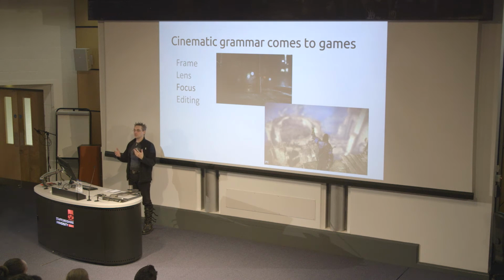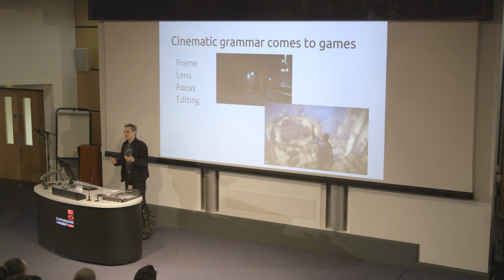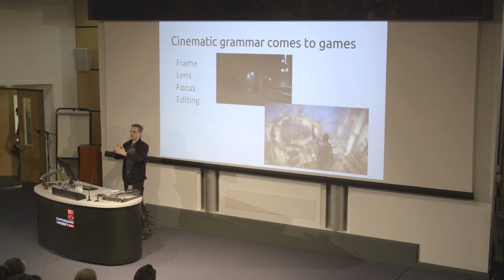Focus is, again, something that in photography and cinematography, in principle, you want things to be sharp and in focus, but it's quite difficult to get things perfectly in focus because the only way to get focus to infinity is with a pinhole camera, and that lets very, very little light in. So you've got a balance between how much light you allow in and how sharp you can get the focal point.